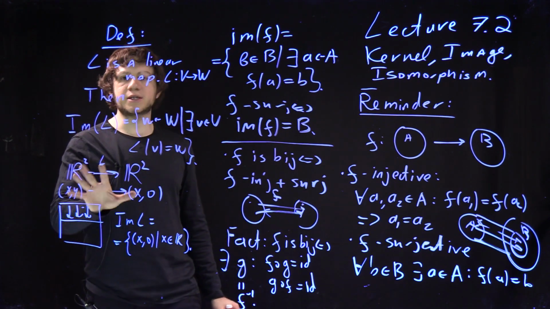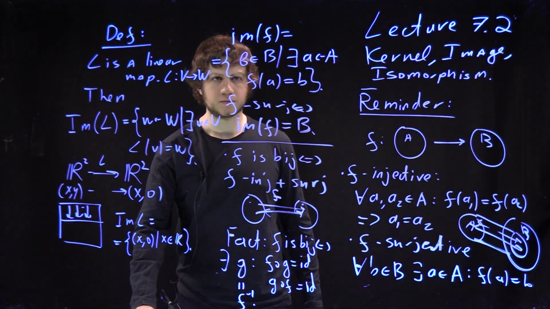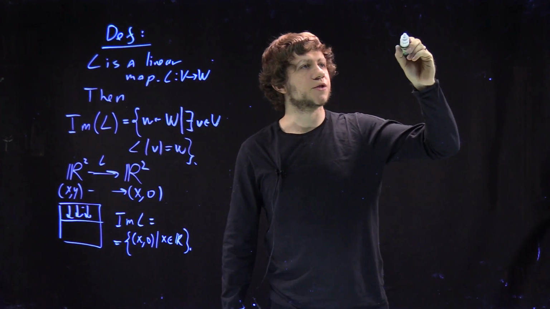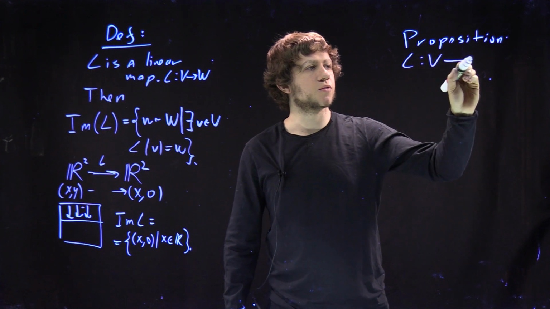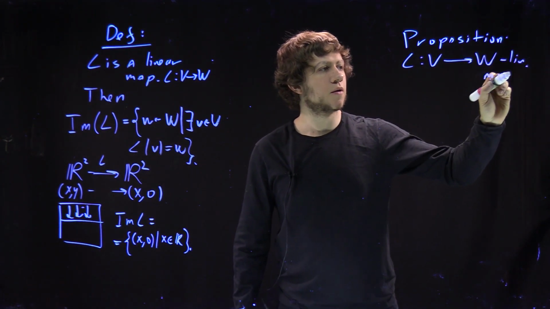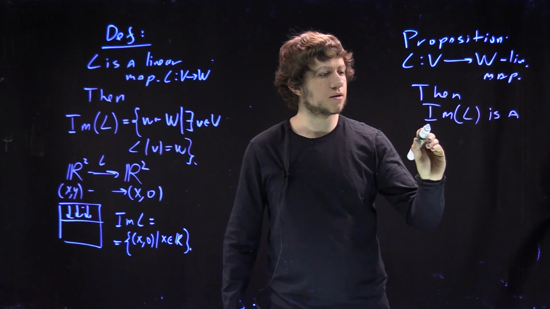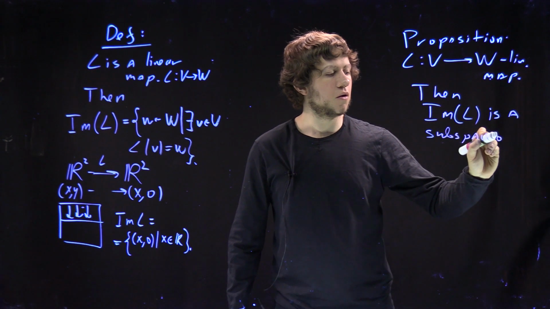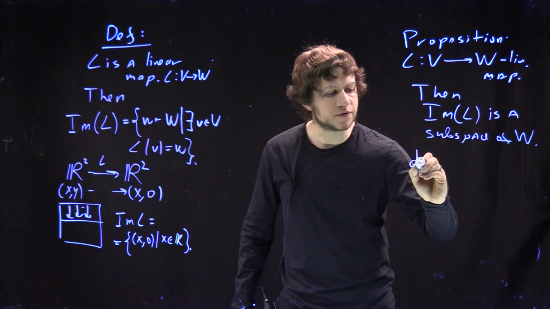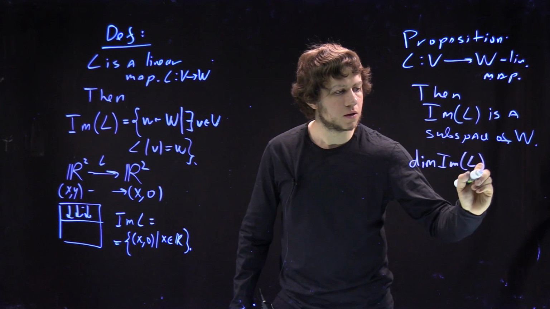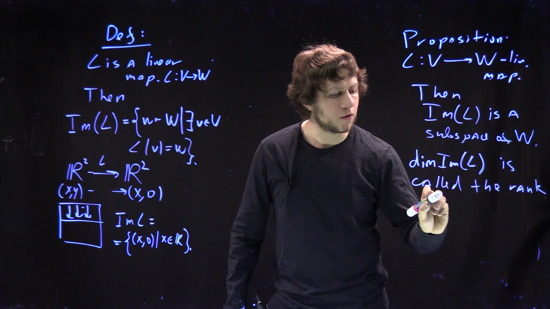The main property of the image is that the image is a linear subspace of W. Let me formulate this fact as an important proposition: if L from V to W is a linear map, then the image of L is a subspace of W. And another remark: the dimension of this subspace is called the rank of the map.